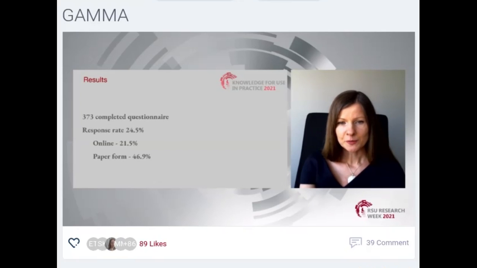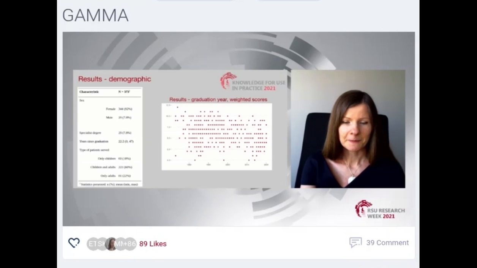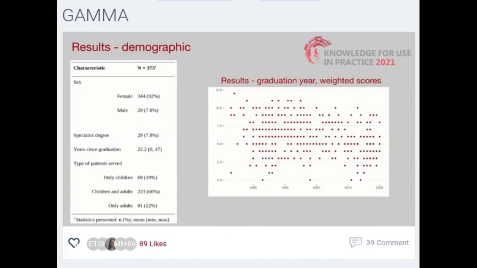We received many more questionnaires than required, 373, but the response rate wasn't very high, and that was expected because mainly we did it by online questionnaire. But the paper form response rate was a little bit better. We got a very good sample actually, because the division between female and male dentists is similar to the whole Latvian dentist population.